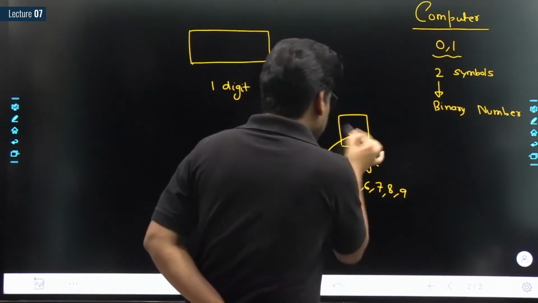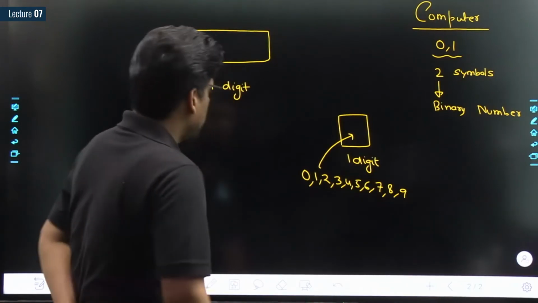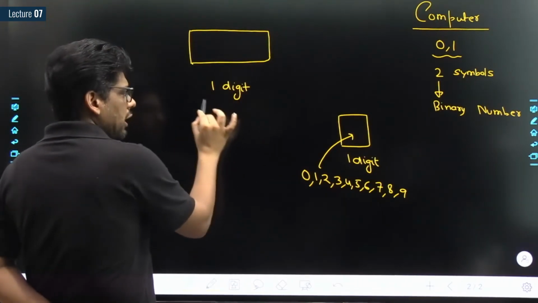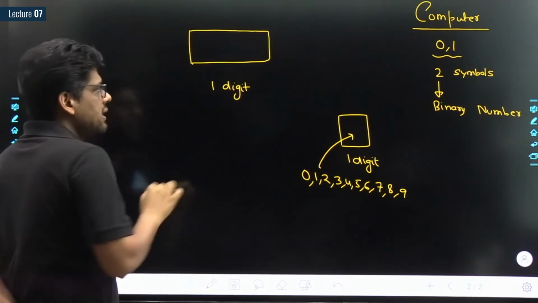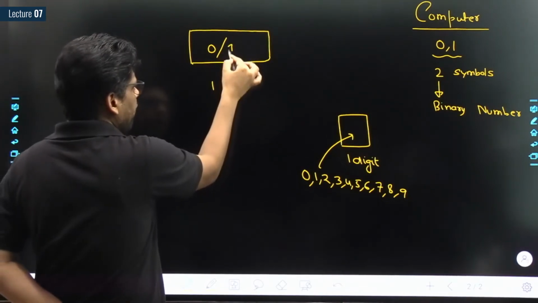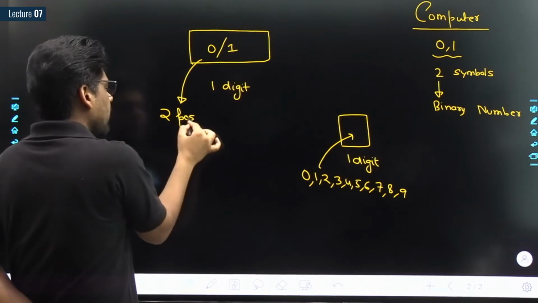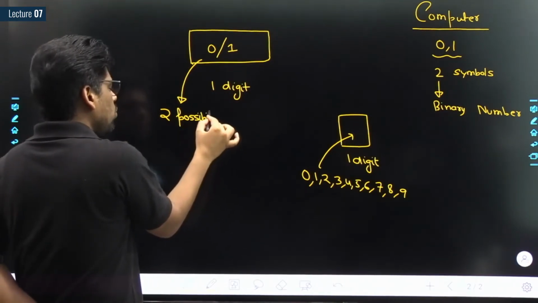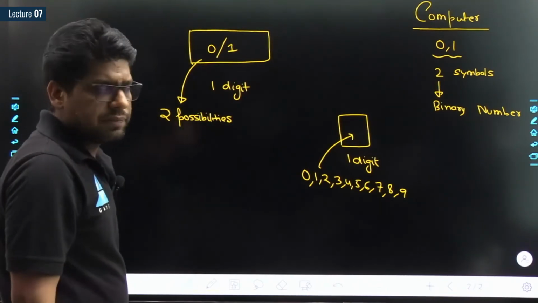That means any one among them. That is why 10 possibilities are there. But since we are talking about binary numbers, 1 digit can hold either 0 or 1. Can I say there are only 2 possibilities? Yes, sir. Of course, yes.